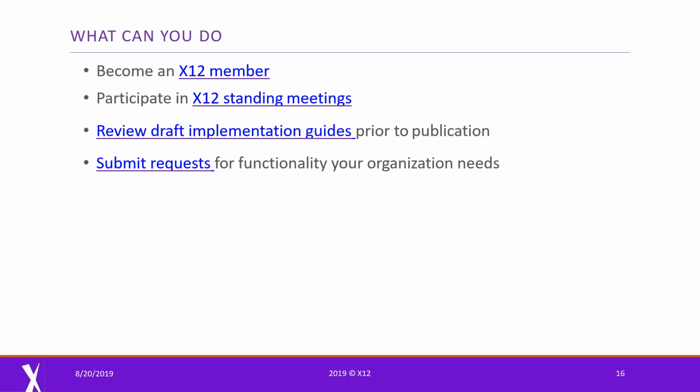This is always an evolving process to make the guides usable for everyone in the industry, not just for the payers, the trading partners, or the providers, but everyone in the whole life cycle of patient care. So if it's not meeting your needs, please submit your requests so we can see if we can change it and make its functionality work for everyone. Next slide, please.